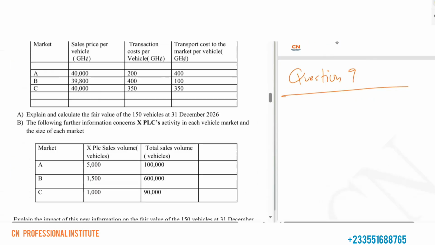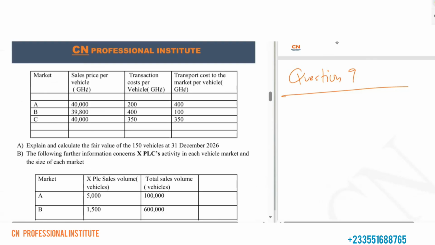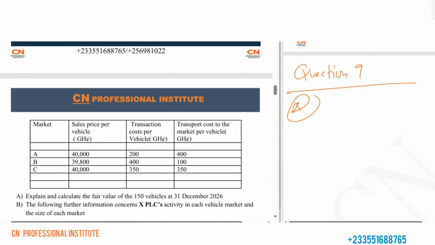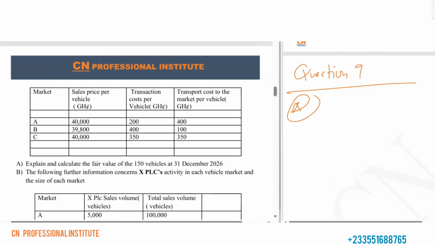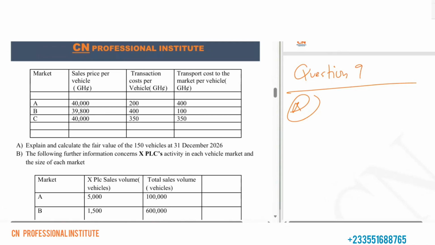You have the table there. It says we should explain and calculate the fair value of the 150 vehicles. So let's look at A first before we go to B.